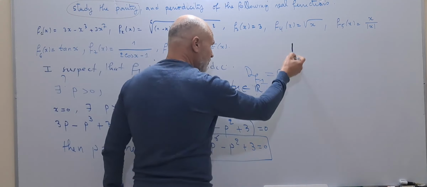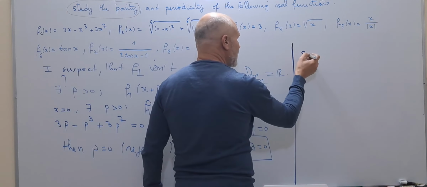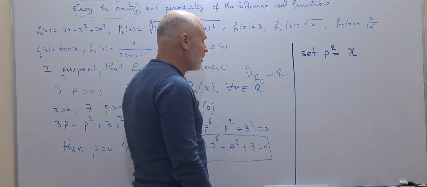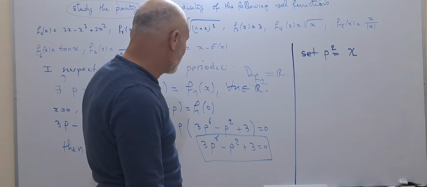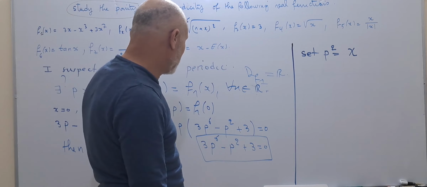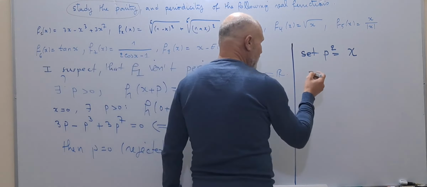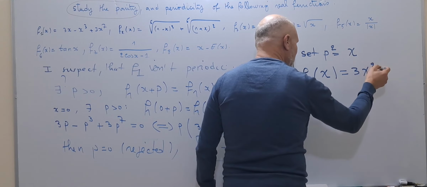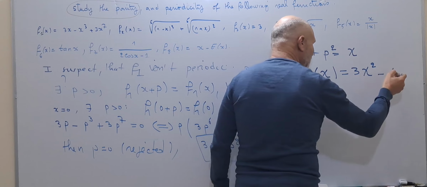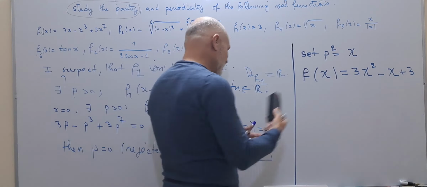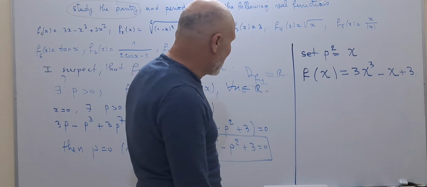Let us set P squared equal to chi. Then we put f of chi equal to 3 chi power 3 minus chi plus 3.